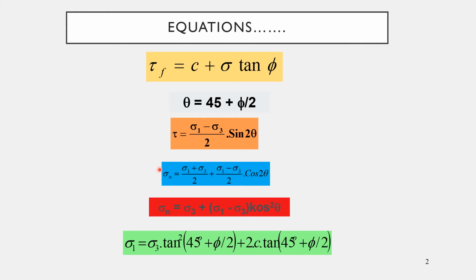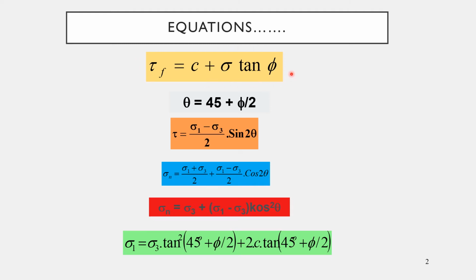For normal stress corresponding to shear stress at failure, you can use either this equation or this equation. And this equation has actually been derived by combining the equations of normal stress and shear stress at failure into the Mohr-Coulomb equation.